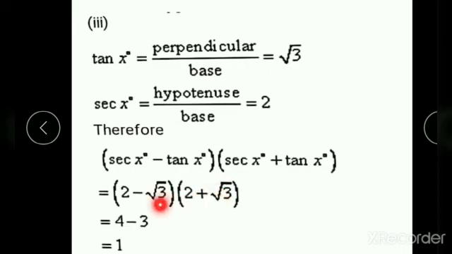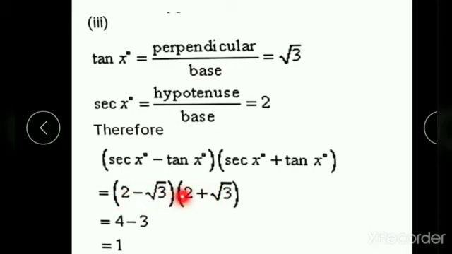So when you simplify this, what do you get? 2 2s are 4 and plus 2 into root 3. You have minus 2 into root 3 and plus into minus is minus root 3 square. So you get 4 plus 2 into root 3 minus 2 into root 3.